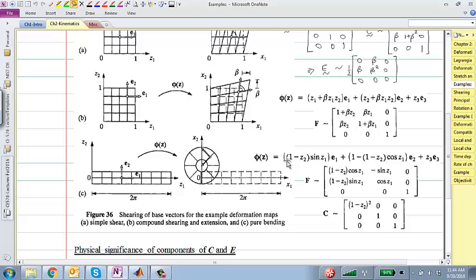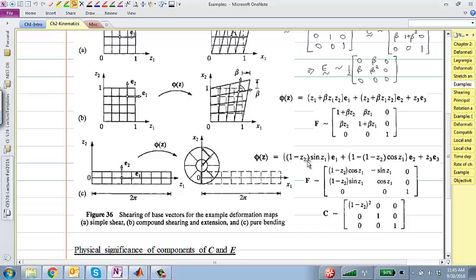Some of you have tried to interpret this map, but I think what you should do is make sure that this map essentially captures each and every point in the undeformed configuration, and you can verify that each of these points goes to the corresponding point in this curled up configuration.